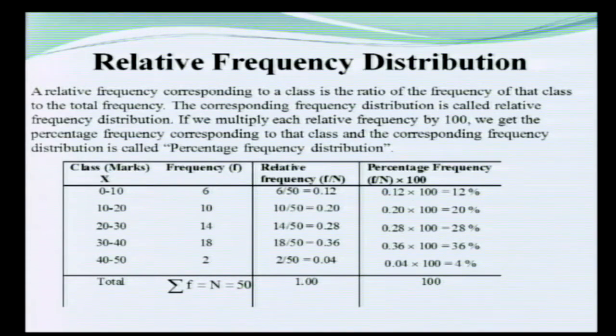So the relative frequency for the number of students having marks between 0 to 10 is 6 by 50, which is 0.12. So by definition, a relative frequency corresponding to a class is the ratio of the frequency of that class to the total frequency. The corresponding frequency distribution is called the relative frequency distribution.